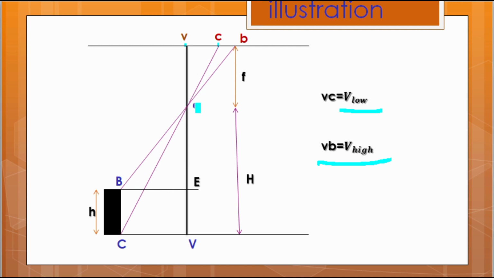The center of the photograph is O, and it may be shown that the distortion of the image is proportional to the distance from the photo nadir point, this small v here, which in this particular case coincides with the principal point P. The principal point P is here and here.